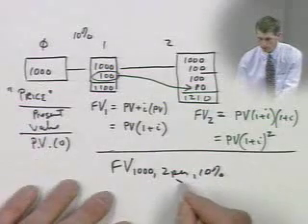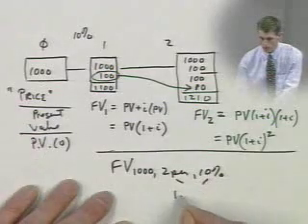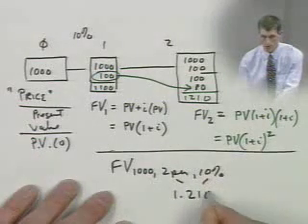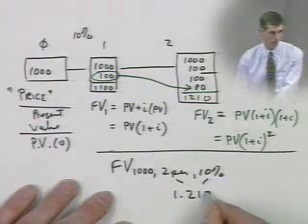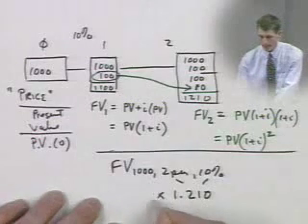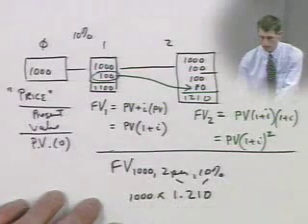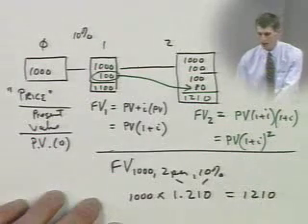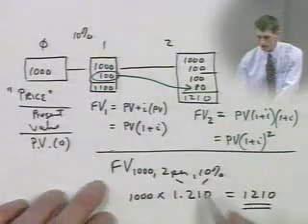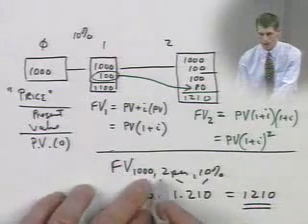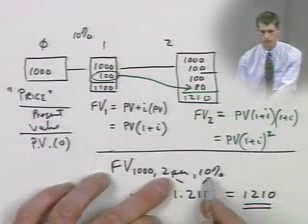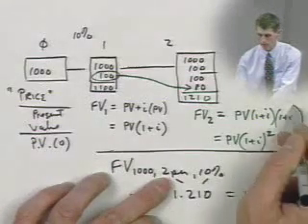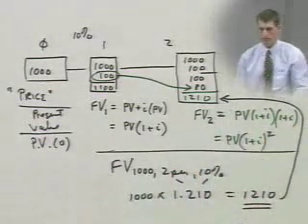And if we go to the table for 2 periods at 10%, we got what? 1.210. That's the number we looked up, right? Multiply that times the $1,000, and we get 1,210. And therefore, 1,210 is the future value of $1,000 for 2 periods at 10%. And that's equal to the number we calculated right there.